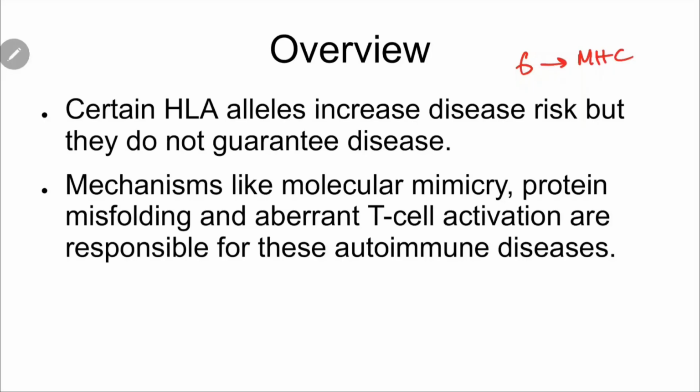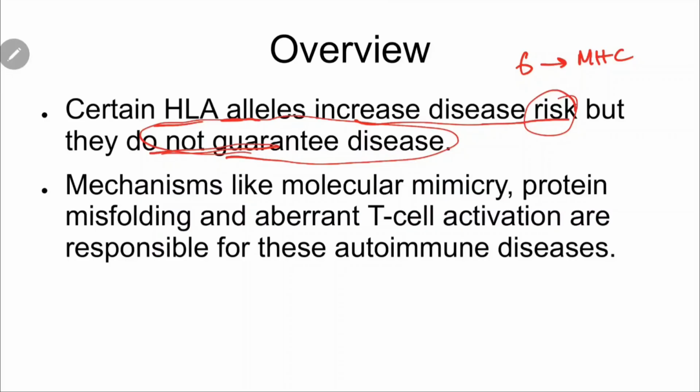So, interestingly, certain HLA alleles are associated with an increased risk of specific diseases. But it is very important to note that these associations increase the risk, but they do not guarantee the disease.